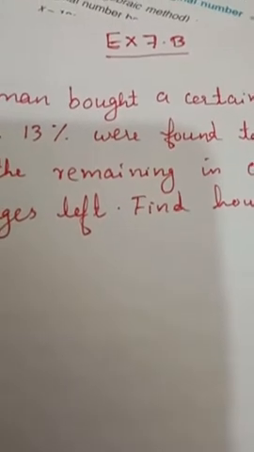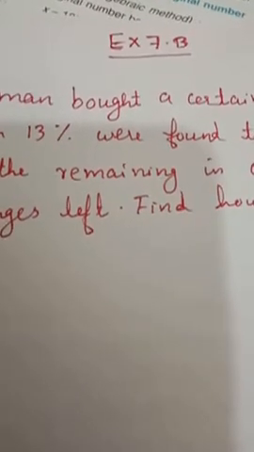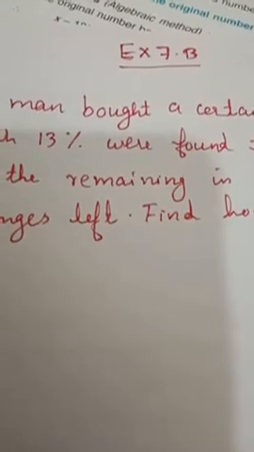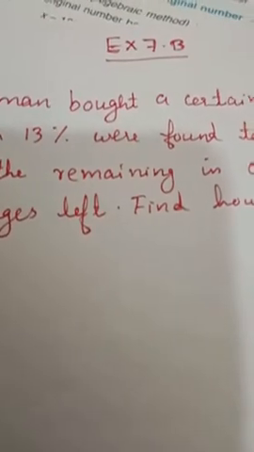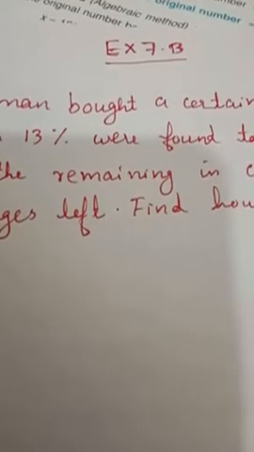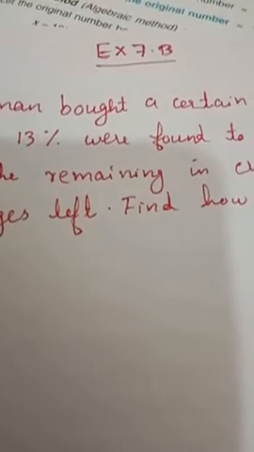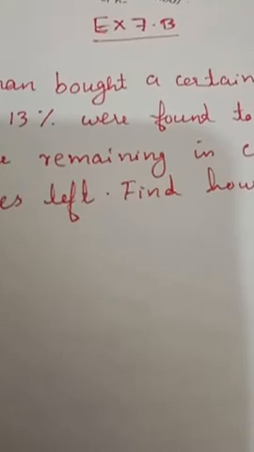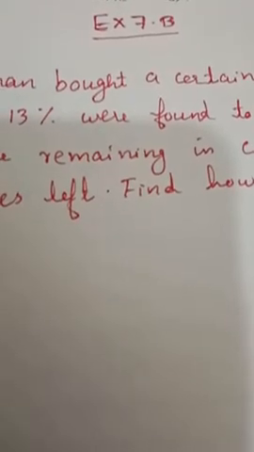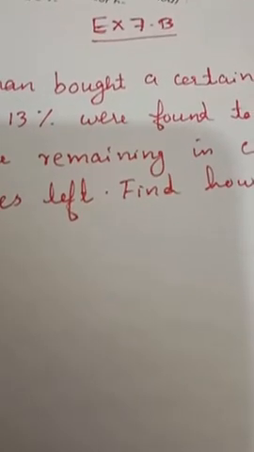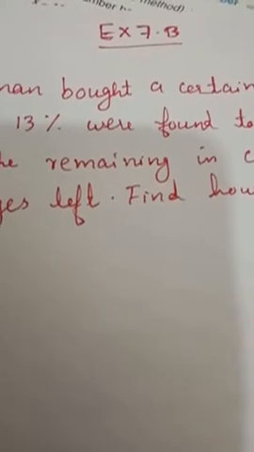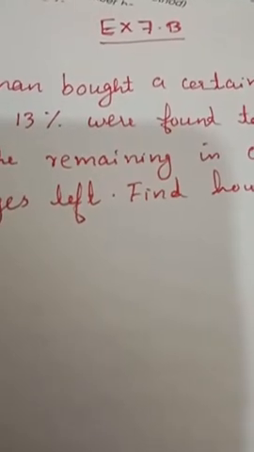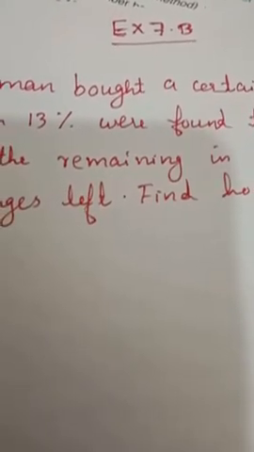First he bought some oranges, and out of which 13% were found to be rotten. So he threw away. Again, from the remaining oranges, 75% gave to charity. Again, 522 oranges are left.